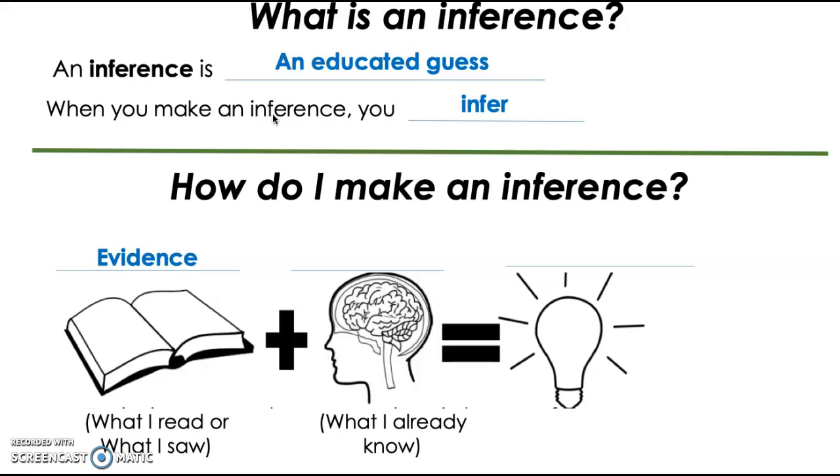The other piece of the equation is background knowledge. Those are things that we already know, maybe from earlier in a text, maybe from our own experience, or something someone has already taught us. So those two things together, our evidence plus our background knowledge, equals an inference.